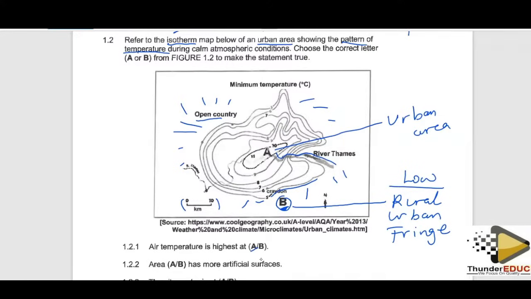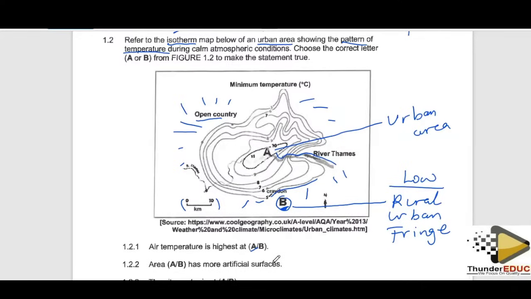And we know that in the urban areas, due to tall buildings, artificial sources of heat, concrete, glass, so many factors, they contribute to the temperatures being higher in the urban areas as compared to the open country or the rural urban fringes. So that's why our option is going to be A.